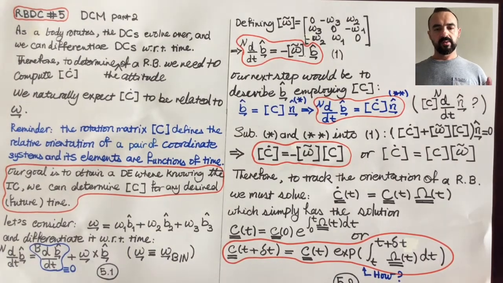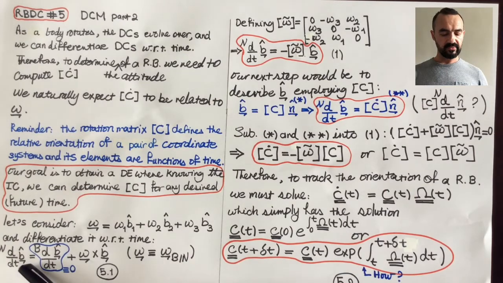Now, what we have by now was that we had described an arbitrary vector in body frame and then in inertial frame. We have related the time differentiation of that vector in body frame and the inertial frame.